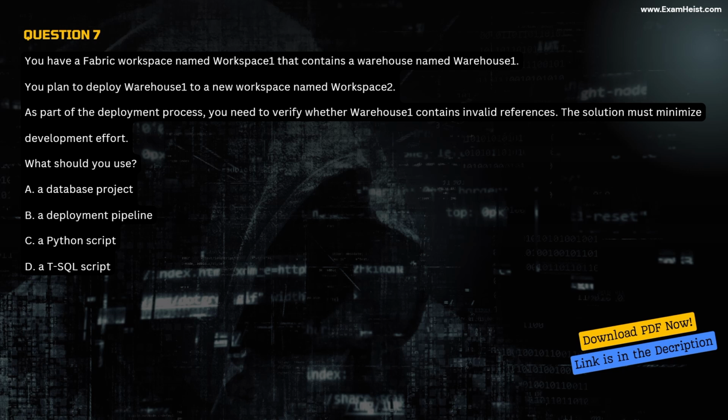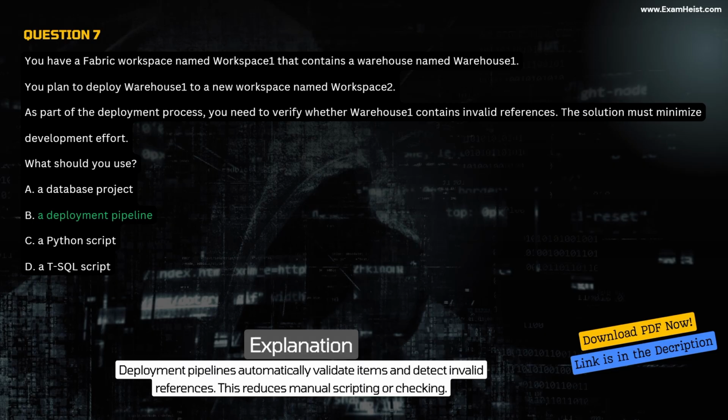A. A database project. B. A deployment pipeline. C. A Python script. D. A T-SQL script. Correct answer B. A deployment pipeline. Explanation. Deployment pipelines automatically validate items and detect invalid references. This reduces manual scripting or checking.